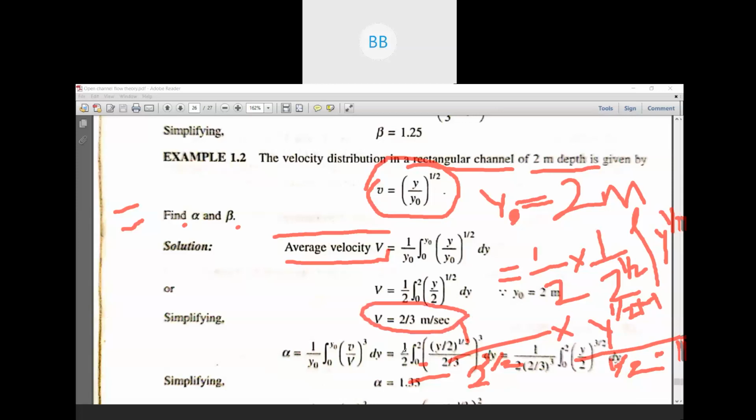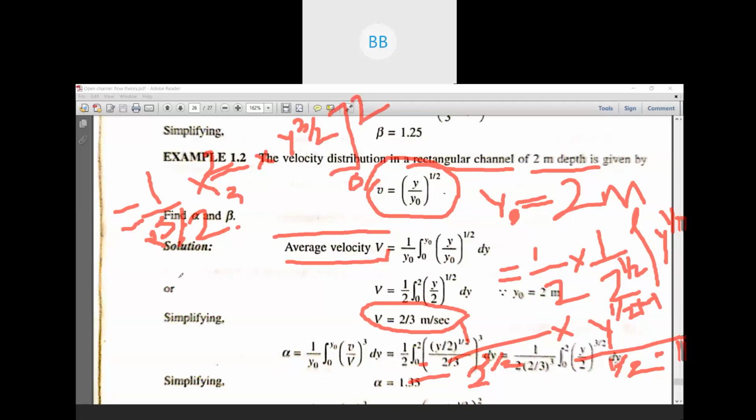So 1 by 2 to the power 3 by 2 multiplied by, it will be again 3 by 2, it will be 2 by 3, multiplied by y to the power 3 by 2, then we have the limit 0 to 2. 2 is the maximum one.